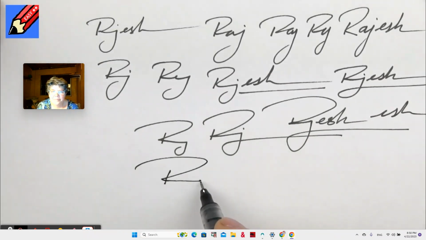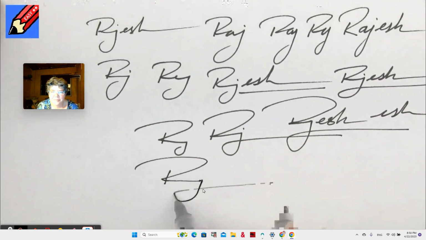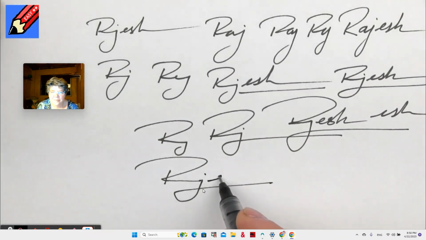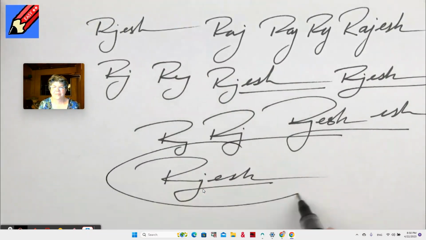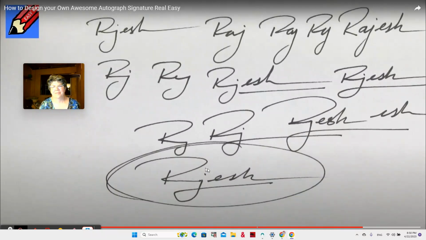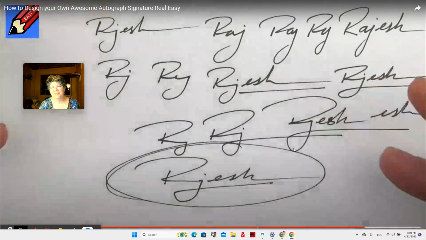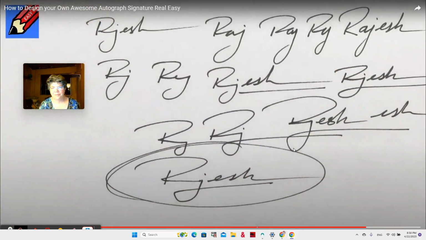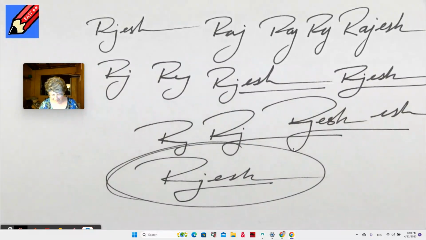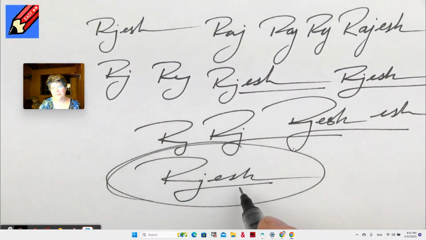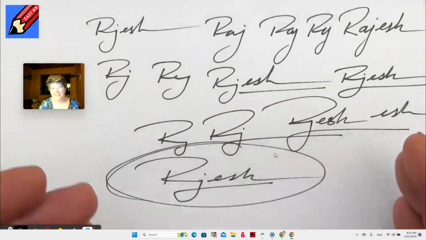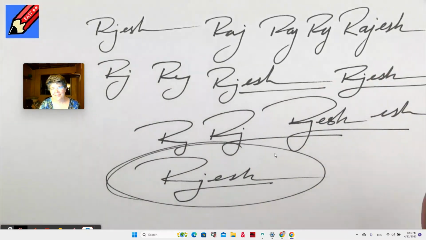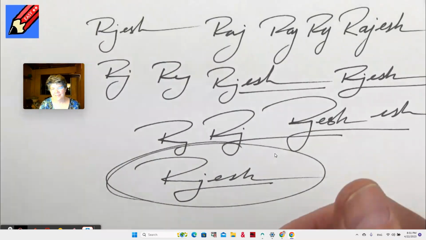And that is now starting to look like an autograph. And when you thinned it down and honed it down and decided, yeah, I quite like that, then you must practice this again and again and again, day after day after day. Do it 50, 100 times a day. Do it in a little book so you can see that you're getting better.